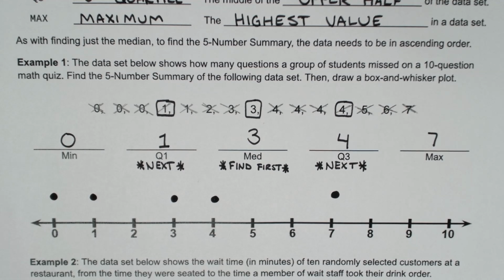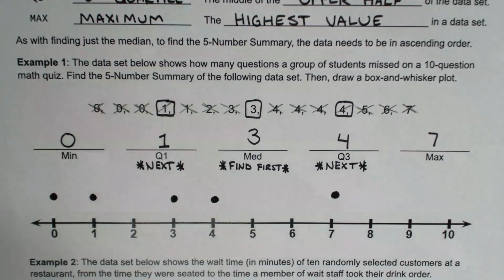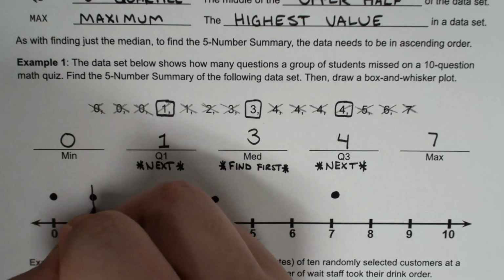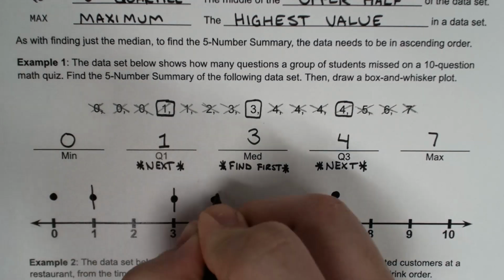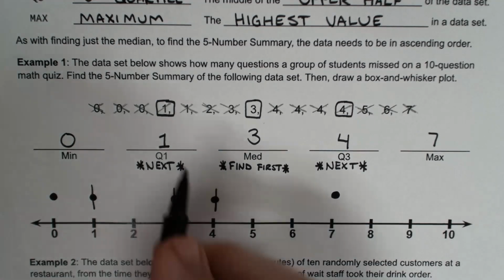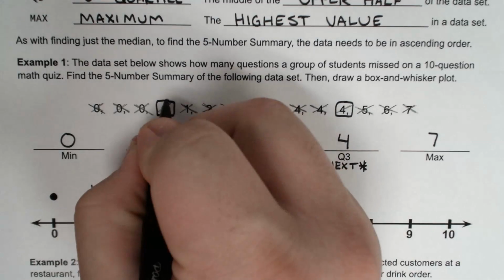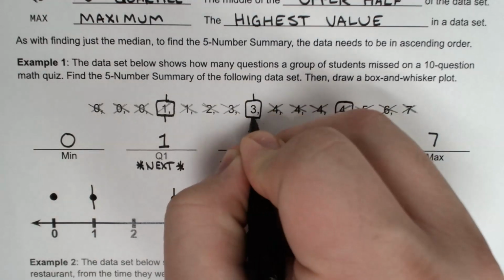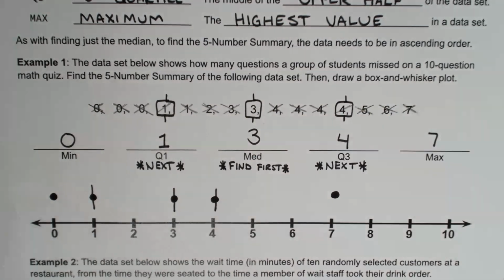Okay, then for the Q1, median, and Q3, you're going to draw a little vertical line going straight through those dots, but not for the minimum or the maximum. What we're trying to show there is these 3 values partition, or wall off, separate, whatever you want to call it, the data into those equal-sized chunks.